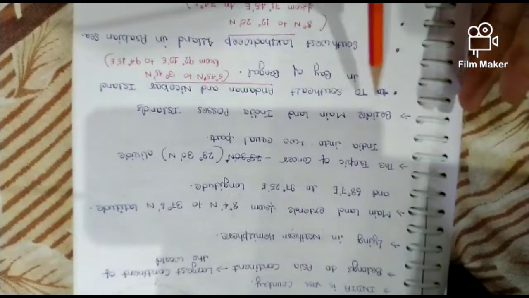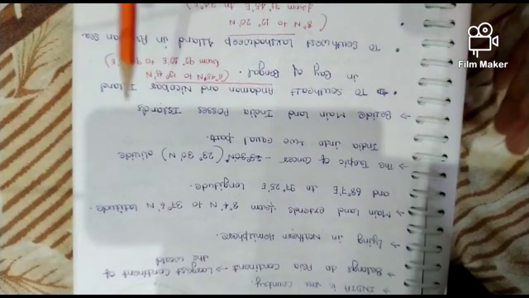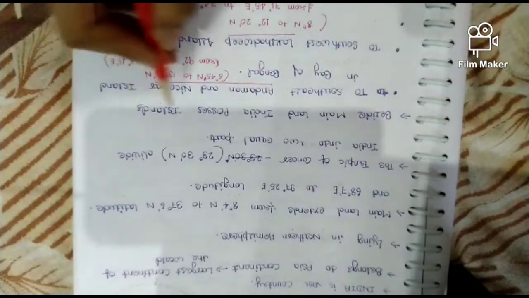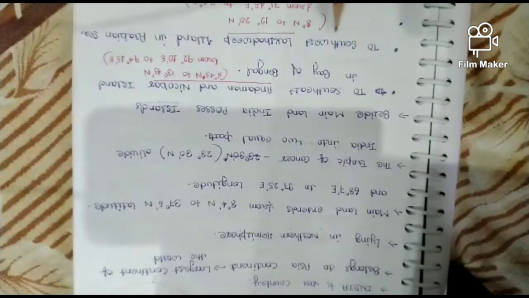And besides the mainland, India possesses islands. This is a very important thing. The southeast island is Andaman and Nicobar Island in the Bay of Bengal, and the southwest island is Lakshadweep Island in the Arabian Sea.